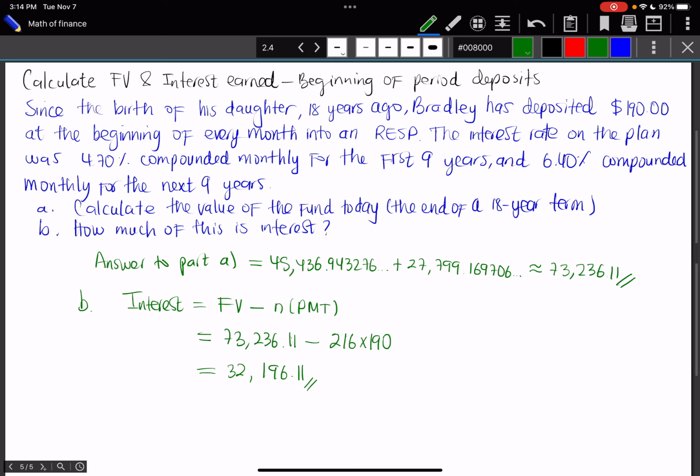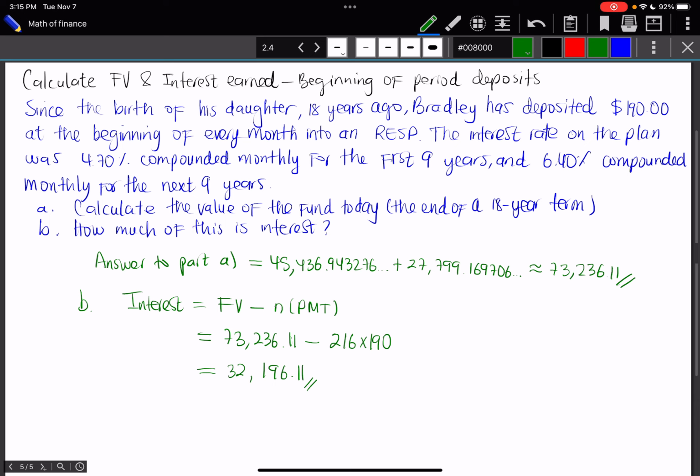Okay, so that's it for this problem. Remember that we were working with 2 separate annuities because the interest rate changed. Also, because we were working with 2 separate annuities, we had to find the future values of those annuities separately.